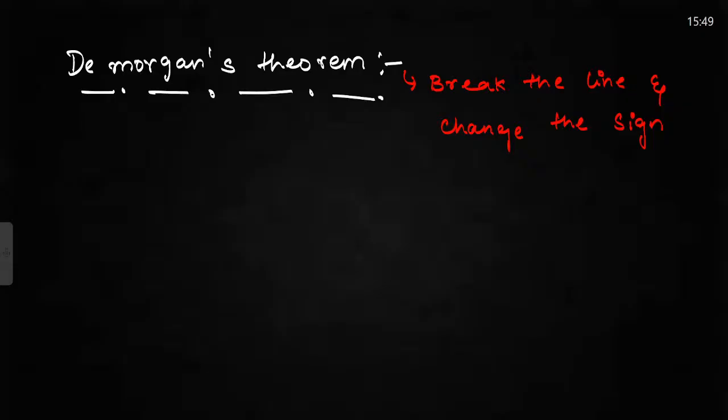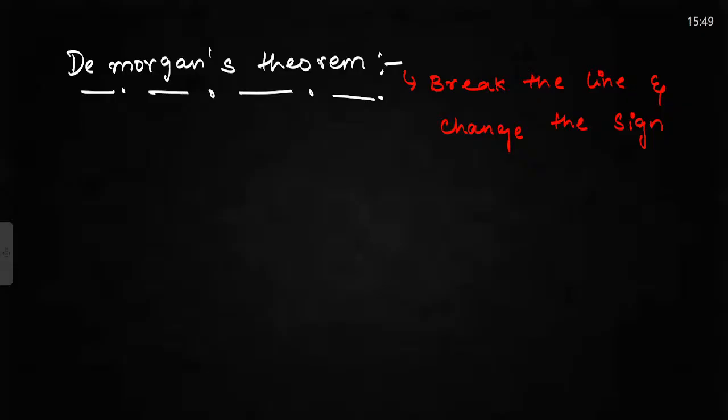Wherever you see a bar, try to split it, and if you are seeing OR, then convert into AND. If you are having AND, then you convert into OR. Now let us try to understand that with an example.